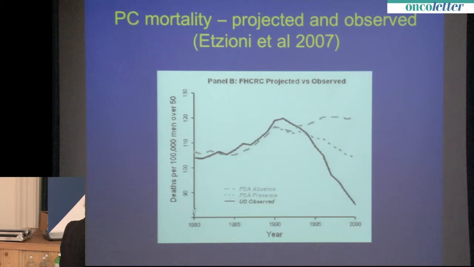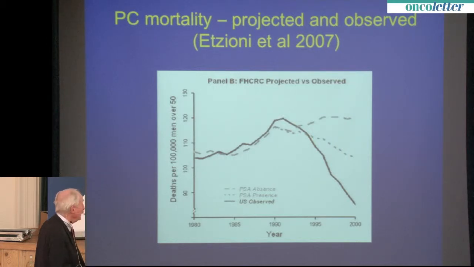But this modeling experiment shows that 40% of the reduction, and that is this curve, is probably caused by screening. Now, this is very much helping us in our belief that screening will, at the end, be applicable to the population.